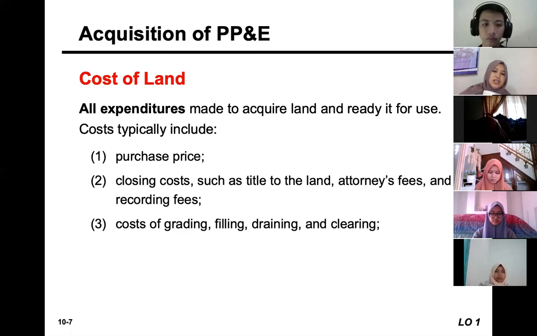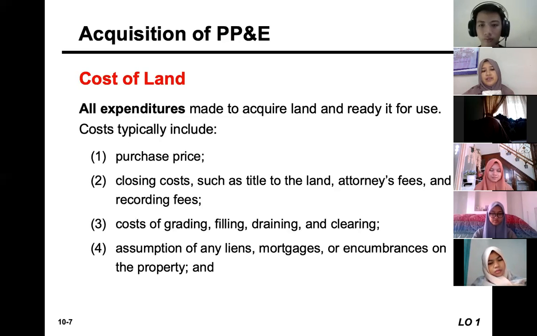It needs to be graded, what do they call it in Indonesia? You put more soil into the land, upgrade it, and then filling, draining, clearing. Maybe there is an old building there. There are initial structures that need to be cleared, or the land looks very much like a forest, so the company needs to do the clearing job there. So those costs also will be part of the cost of the land.